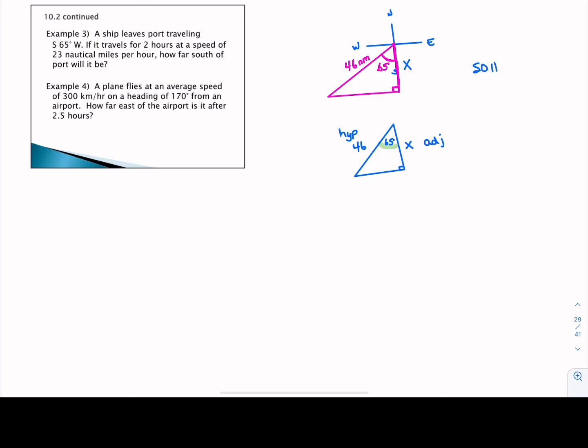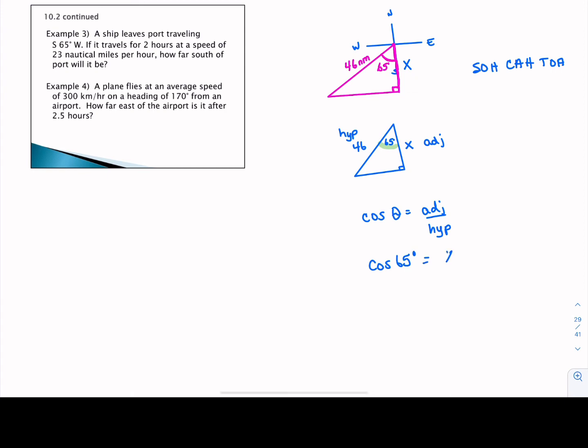So again, in the margin, you can see your SOHCAHTOA ratio tells us that cosine will give us the answer we need. So the cosine of some angle, and we can call that angle theta, is always the adjacent side divided by the hypotenuse.